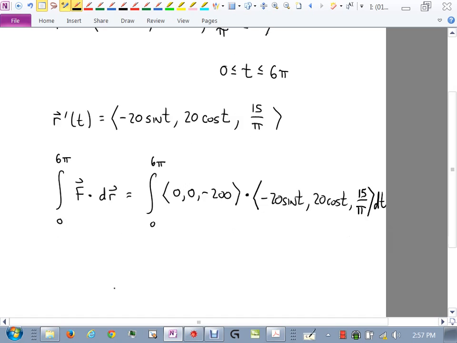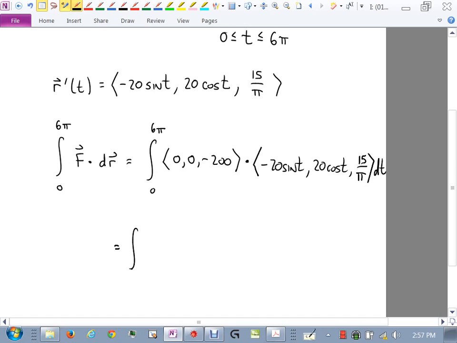And that's just 0 to 6 pi, what? Negative 3,000 over pi dt.